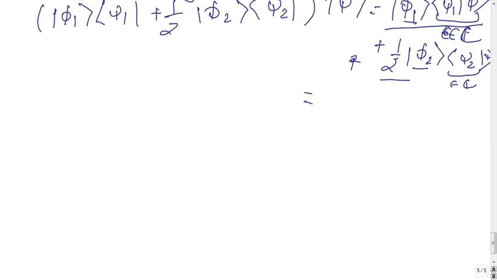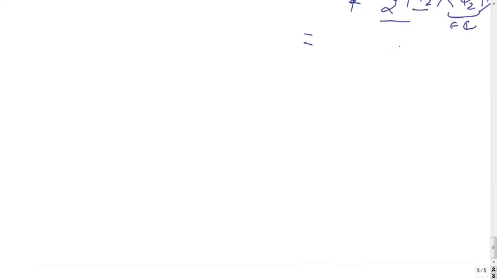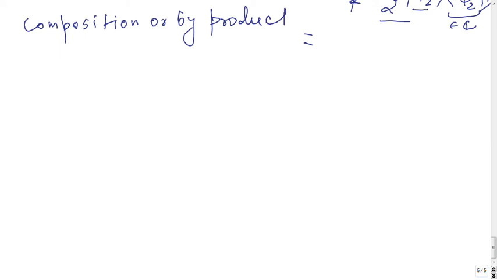So again, see how we can form a new linear operator from simple operators like outer product operators. So again we can form a new operator by composition or by product, which is given by x times y.